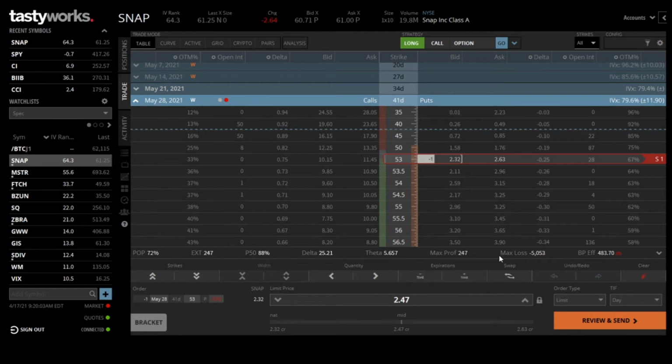And I think for most traders who don't have any type of margin, this is what you use to ballpark your trades. This is your worst case scenario basically. But the chances of Snap suddenly going out of business is small.